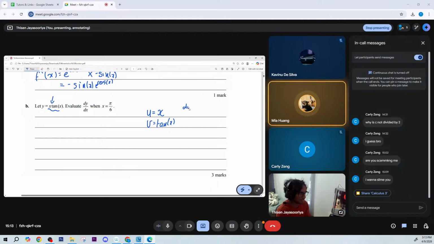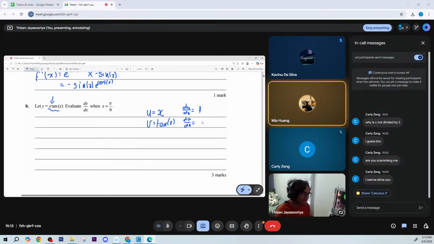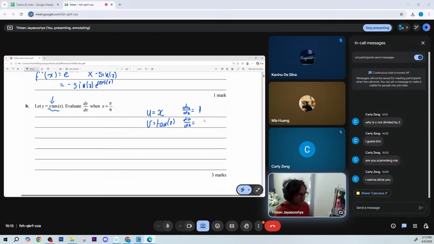So then u dash would be 1, and then v dash would be, I have notes. It's on your formula sheet as well.